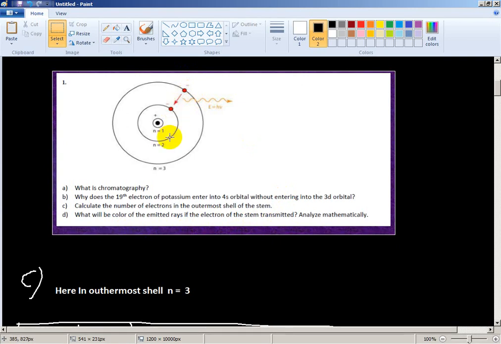What color will be shown during this transition? Analyze mathematically.